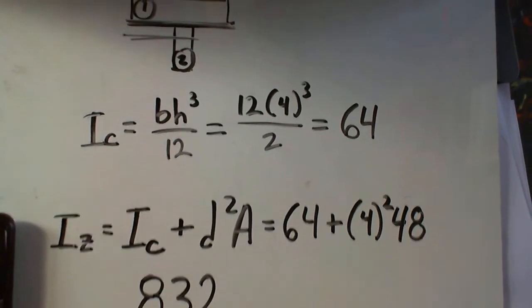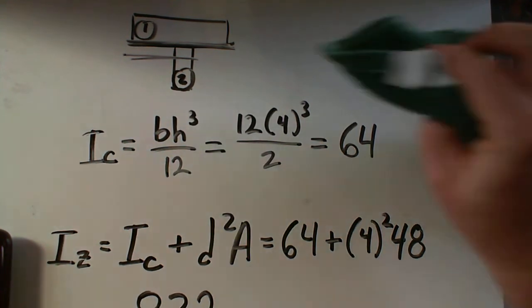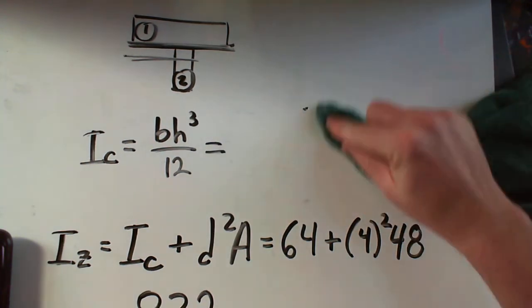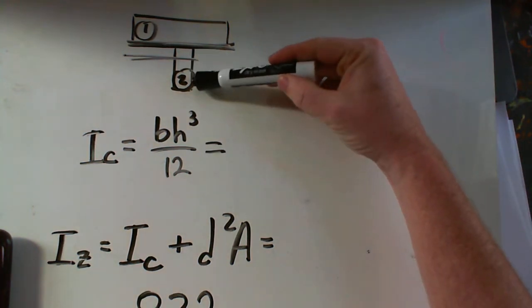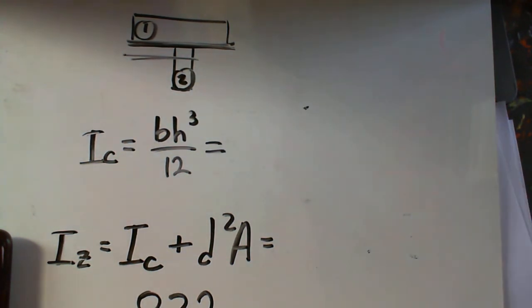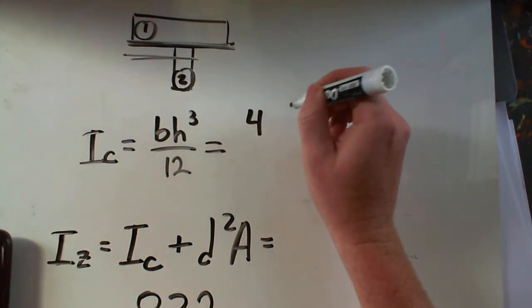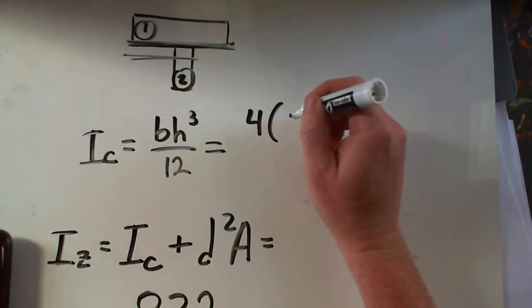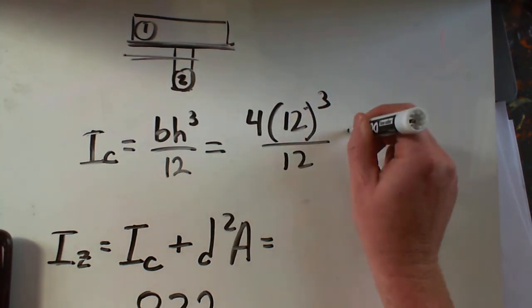Now I'm going to do the same calculation for the second part. So I'm going to erase my work here and here, and just plug in. Now this time, because I'm looking at shape 2, my base is 4, and my height is 12 cubed divided by 12.